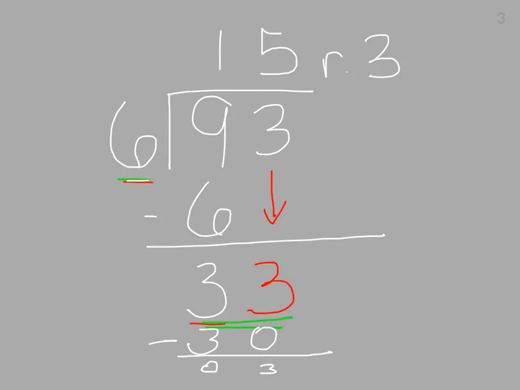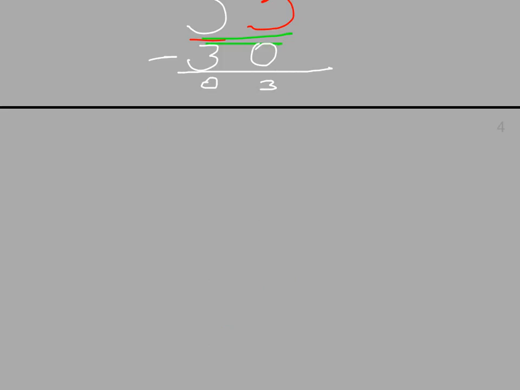Can you see how easy this is compared to the other way? Let's try another one. Let's pick 4 into 83. I'm going to just get rid of that 3 for a minute.